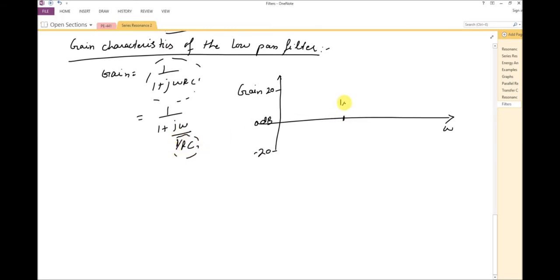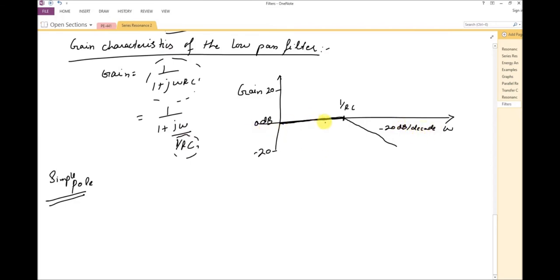This value is 1 by RC, and we know that for a simple pole, the magnitude graph is 0 till the cutoff frequency, and after the cutoff frequency it will start decaying at minus 20 dB per decade, right?